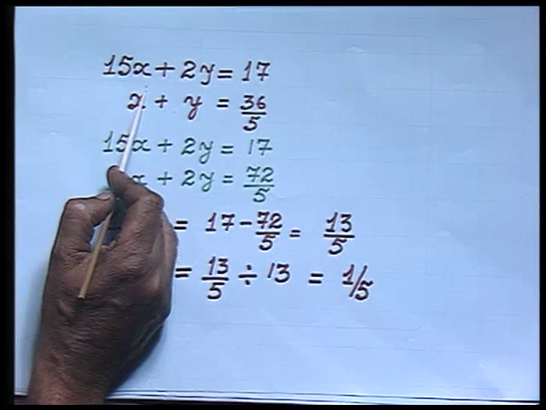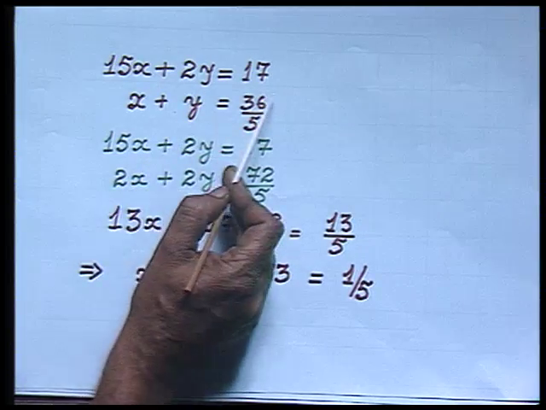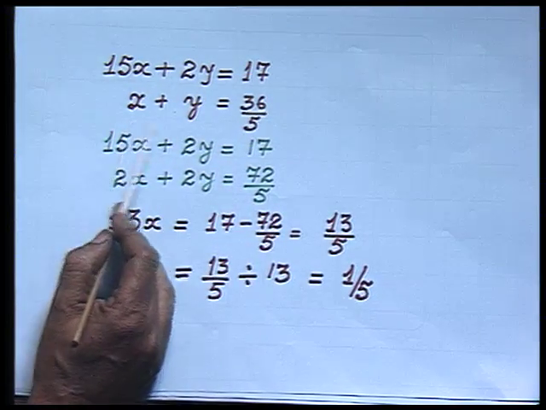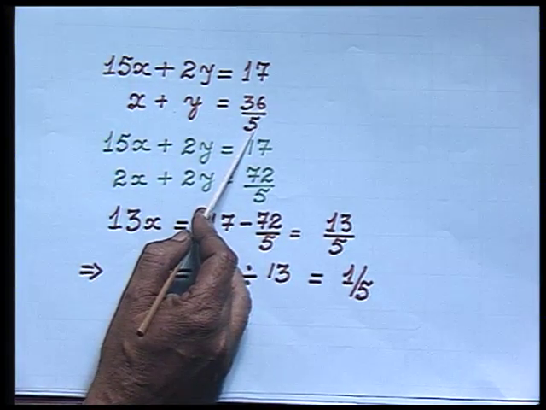Here I am following the other method, that is, I am not eliminating the variable, but I will be making the coefficients the same. Let us have a look at the equations once again. The equations are 15x plus 2y equals 17, and the other being x plus y equals 36 upon 5.